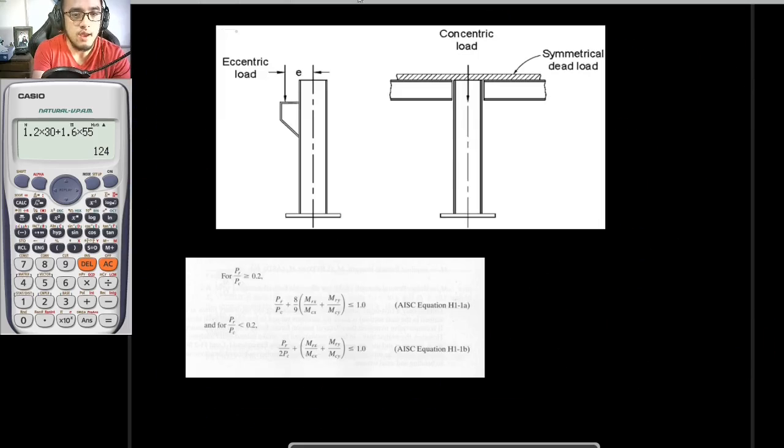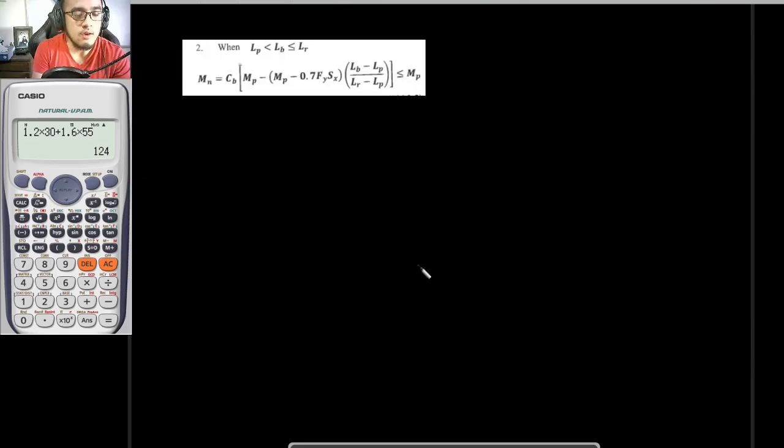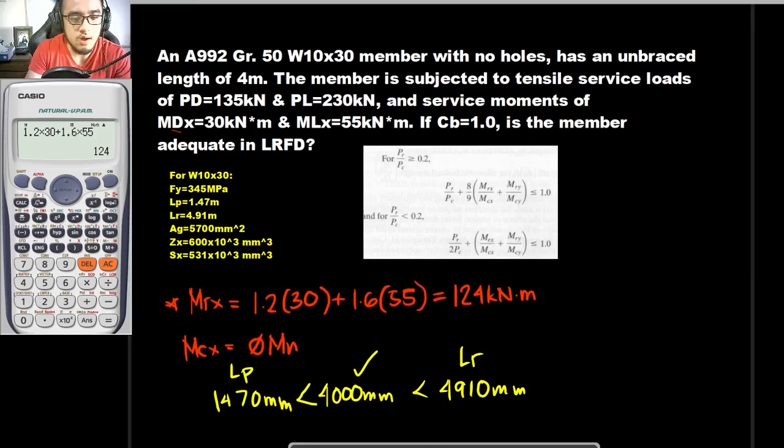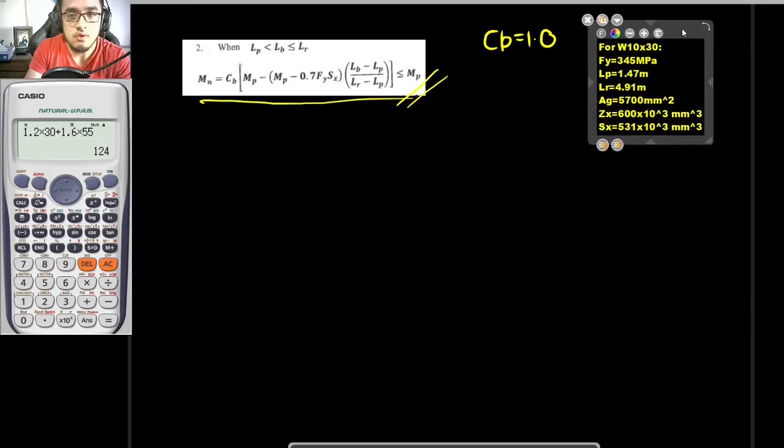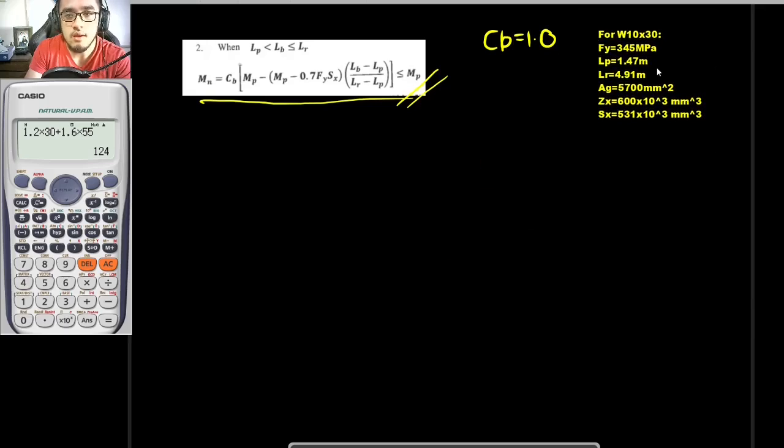So once again, if we are to consider zone 2, we would be making use of this formula right here. By the way, we already have the value for Cb, which is equal to 1.0. As for our Mp, we will solve for that later. And for the other parameters, I would just be copying this to the next slide. So these would be the values that we would be using.